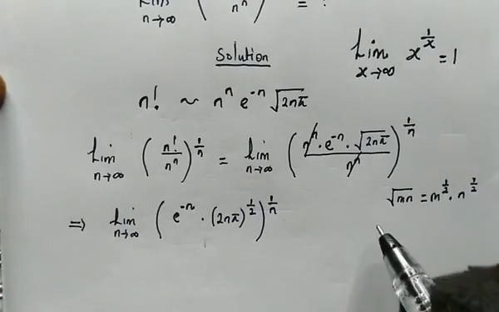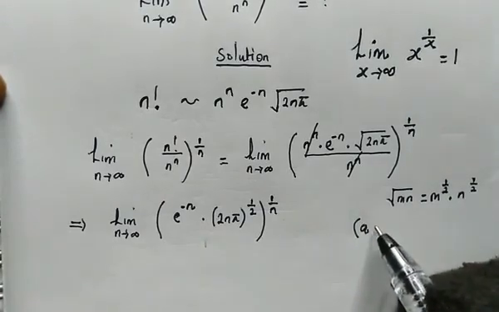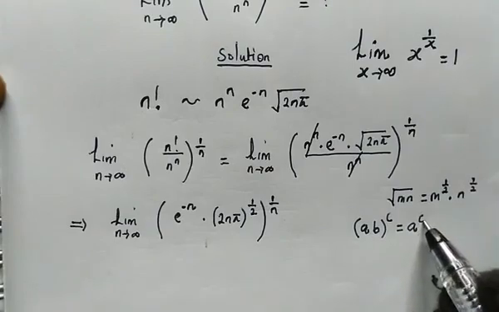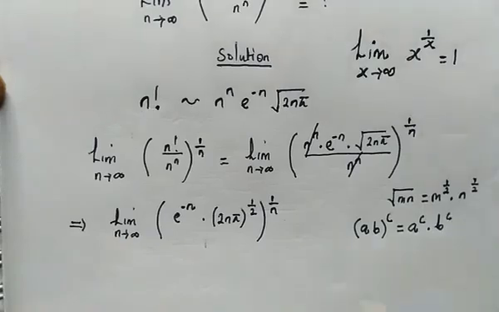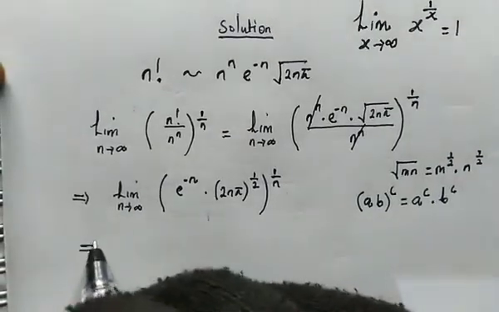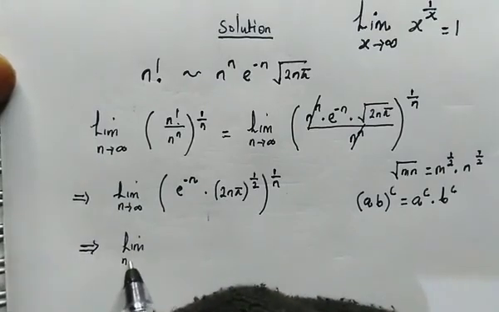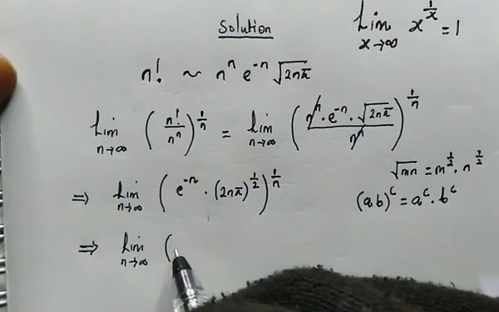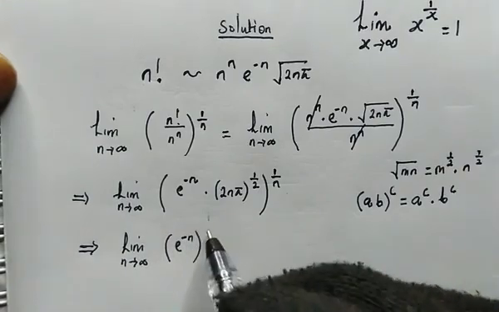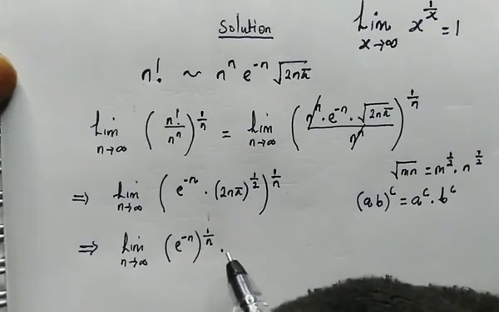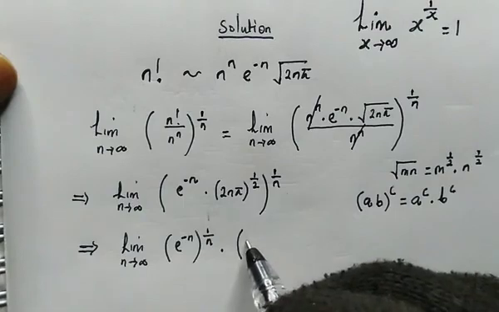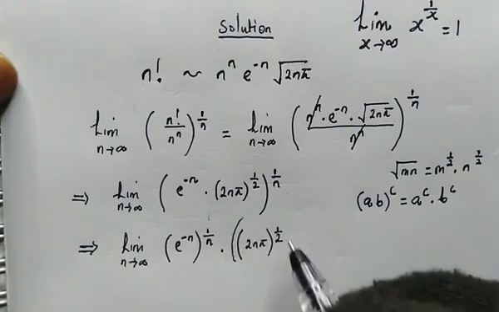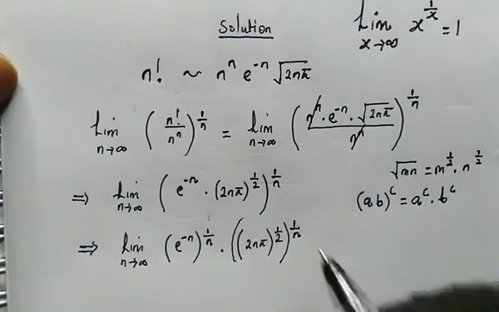Now let us recall another nice algebraic identity. When we have a multiplied by b, and all of this is raised to the power of c, this is the same as a to the power of c multiplied by b to the power of c. So this implies that our limit equals the limit as n is approaching infinity of e to the power of negative n, then raised to the power of 1 over n, multiplied by 2n pi to the power of 1 over 2, then raised to the power of 1 over n.